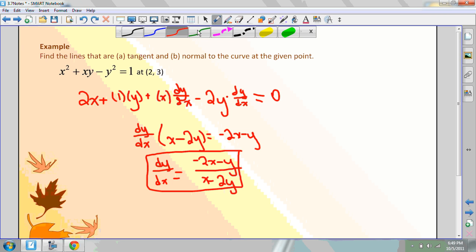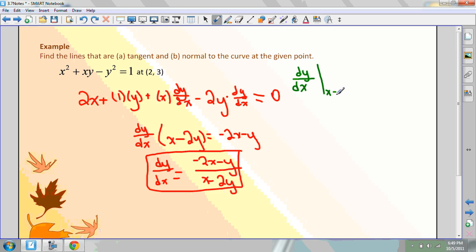Let's switch to a different color. Let's go green. So now what I want to do is find the slope of the tangent line at 2, 3. So I need to plug 2, 3 into this function. So therefore I'm going to evaluate the derivative at 2, 3. So the notation for that is dy dx, vertical line, subscript, oops.